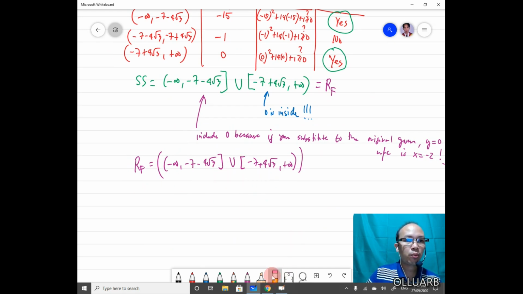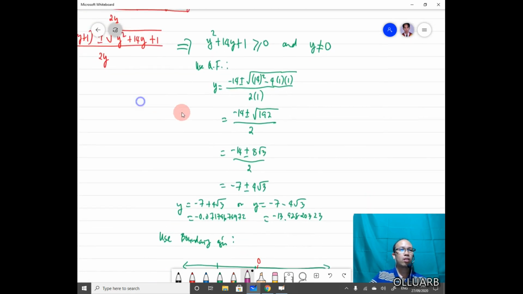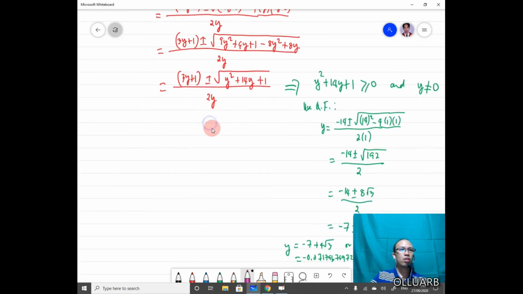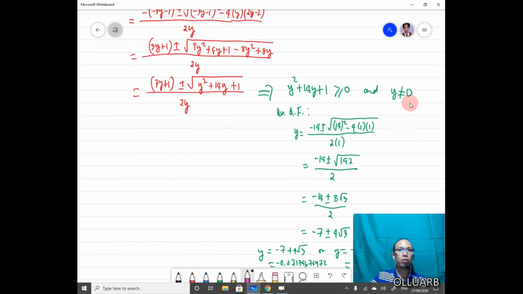Okay, we have to erase this one. As you can see, it includes 0. Although if you write the equation in terms of x in terms of y, we clearly note here that it should not be equal to 0.